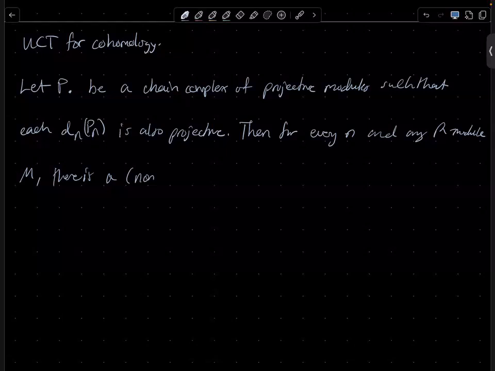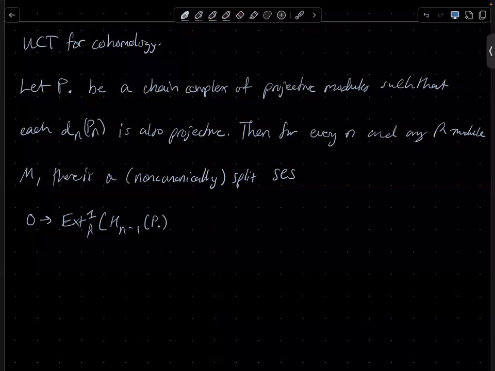So there is a non-canonically split short exact sequence: 0, X1, here's the X group showing up, X1 over R. And then, this is going to be a horrible German sausage of an expression, the (n minus 1)th homology of P bullet, the H_{n-1} of P bullet.